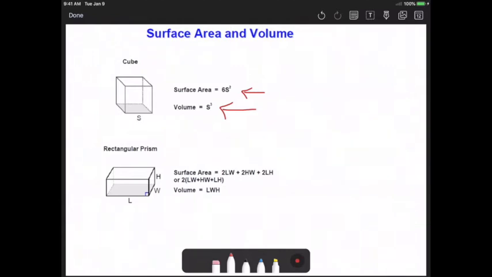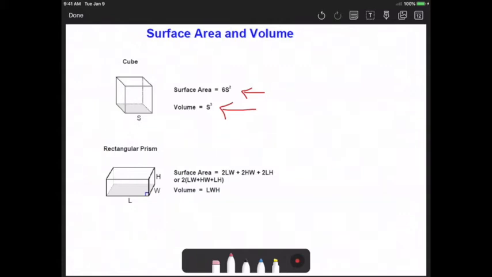Surface area for a rectangular prism, you could do basically one of two. So it's 2 times L times W, length times width, plus 2 times HW, height and width, and then add 2 times length and height. Or what I like to do is do LW plus HW plus LH, and then times that by 2.